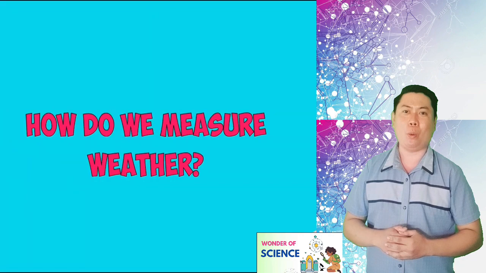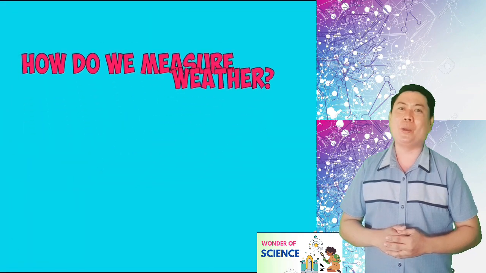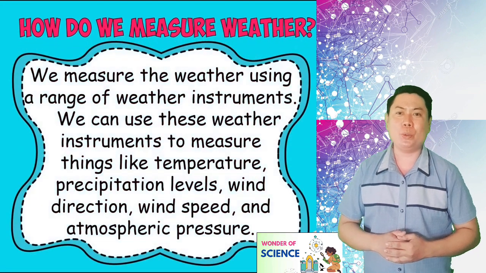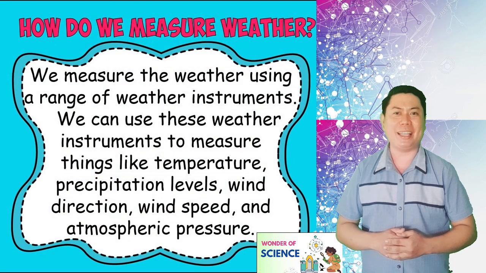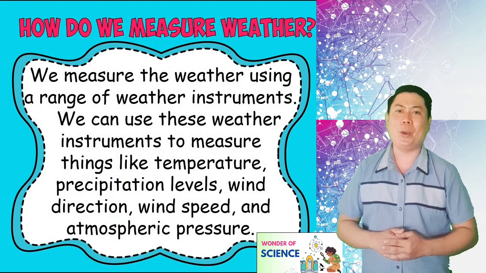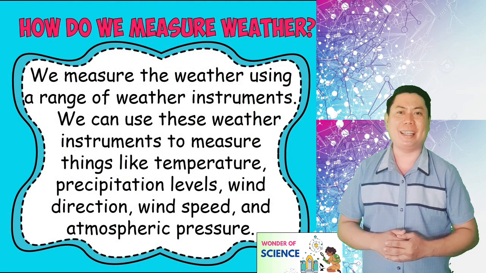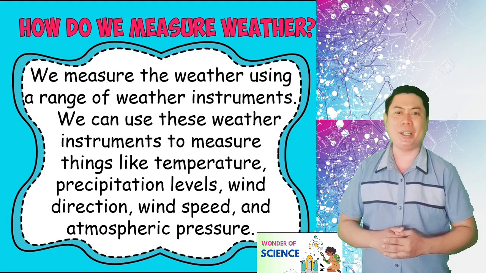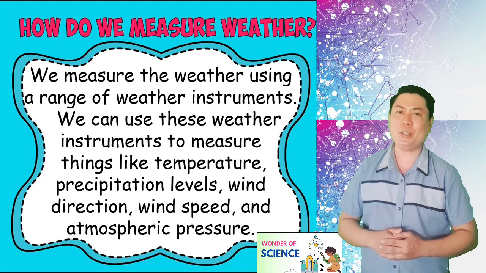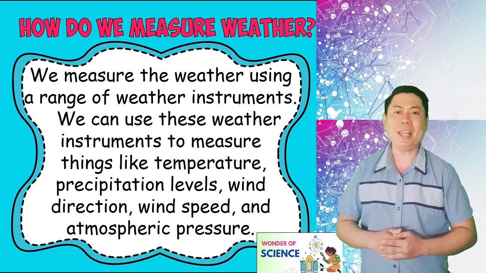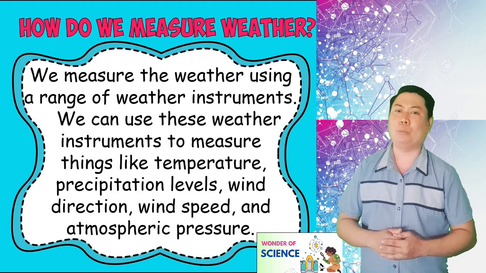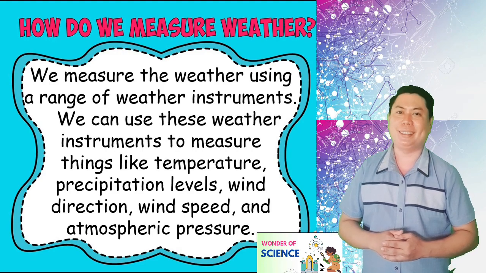How do we measure weather? We measure the weather using a range of weather instruments. We can use these weather instruments to measure things like temperature, precipitation level, wind direction, wind speed, and atmospheric pressure.